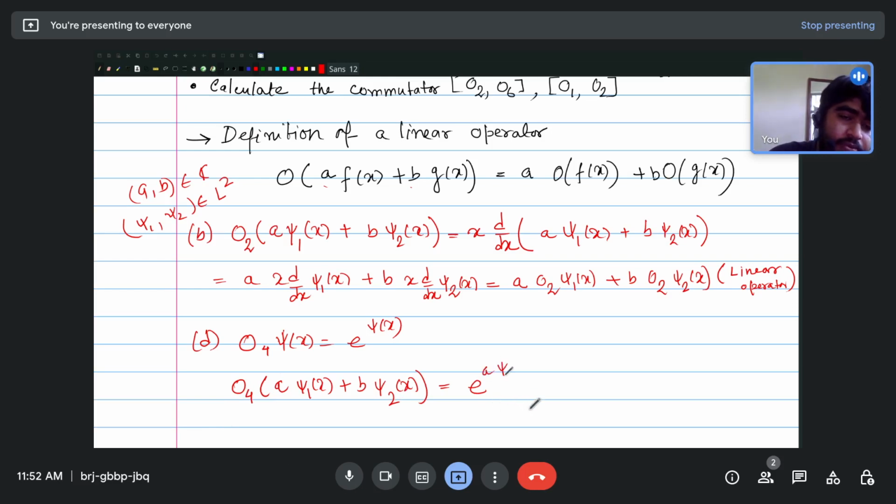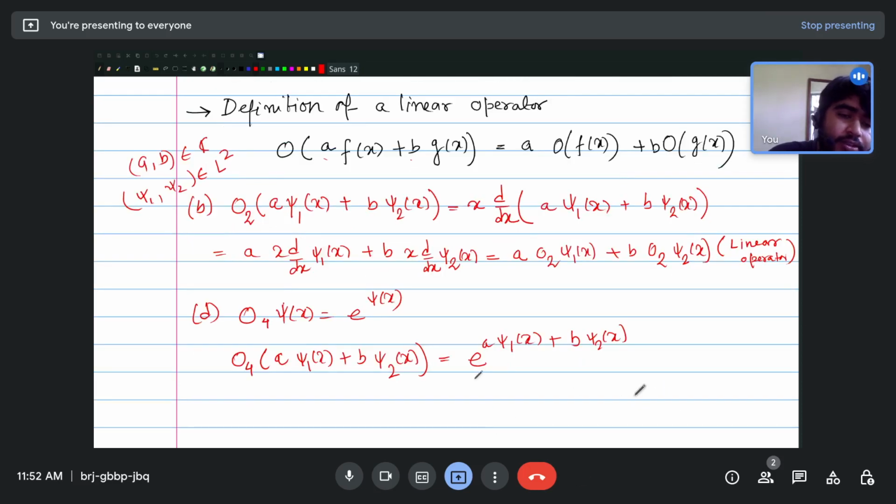So it will be e to the power a ψ1(x) plus b ψ2(x). Now the exponential's property is that we can break it down: e to the power a ψ1(x) times e to the power b ψ2(x). We can do a little simplification so that it becomes e to the power ψ1(x) to the power a times e to the power ψ2(x) to the power b.